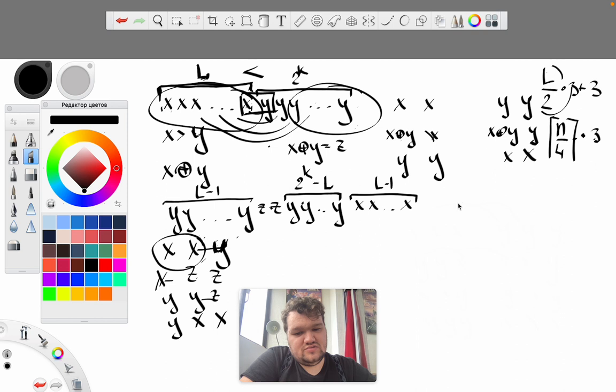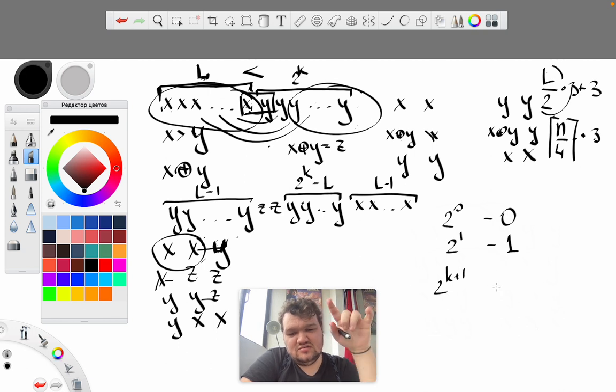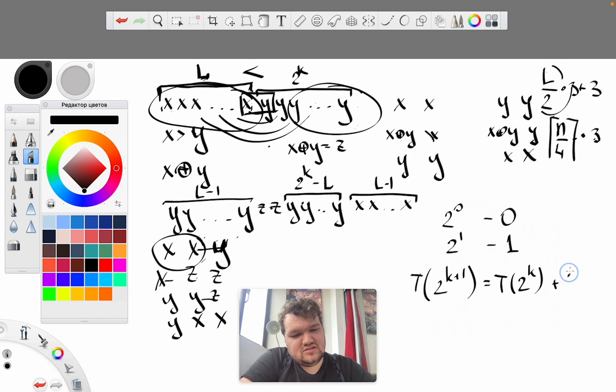Okay, so for 2 to the power of 0, 0 operations, 2 to the power of 1, 1, 2 to the power of k plus 1, it's 2 times the smaller one plus the cost to merge them, so t of 2 to the k plus 1 is 2 times t of k plus 2 to the power of k.